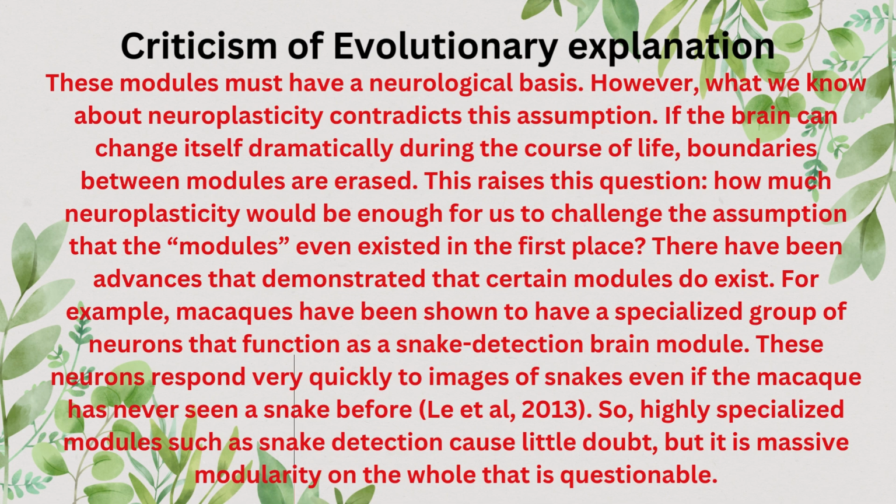There have been advances that demonstrated that certain modules do exist. For example, macaques have been shown to have a specialized group of neurons that function as a snake detection brain module. These neurons respond very quickly to images of snakes even if the macaque has never seen a snake before. So highly specialized modules such as snake detection cause little doubt, but it is massive modularity on the whole that is questionable.